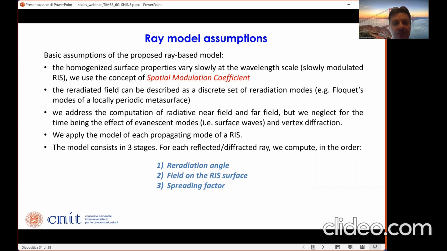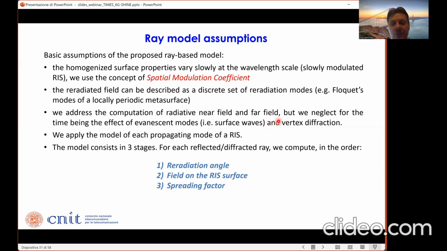Also, another important assumption is that with this ray model, we are able to compute the radiated far field and near field, in particular radiative near field, for any incident wave on the RIS.